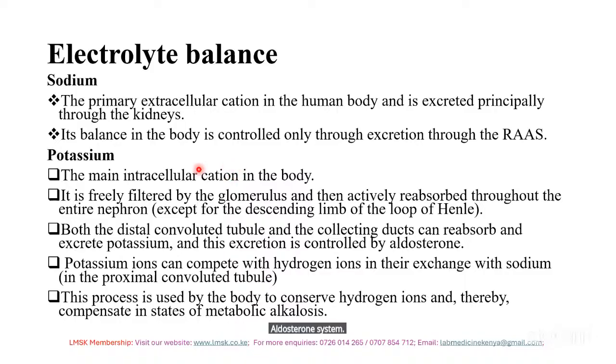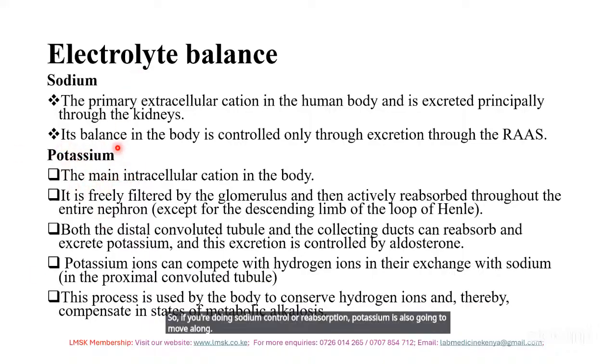Then potassium is intracellular and is freely filtered by the glomerulus, and then reabsorbed throughout the entire nephron, except the descending loop of Henle. So if you're doing sodium reabsorption, potassium is also going to move along that particular gradient, in the opposite direction.